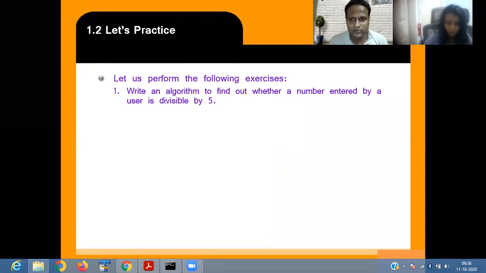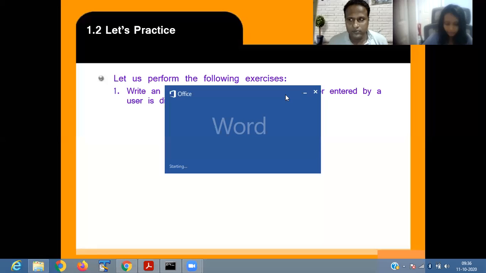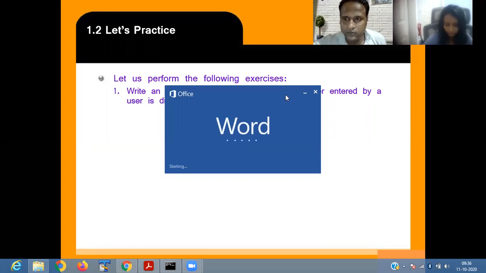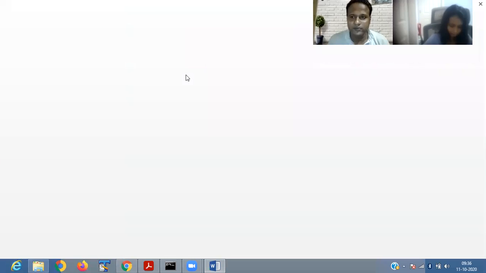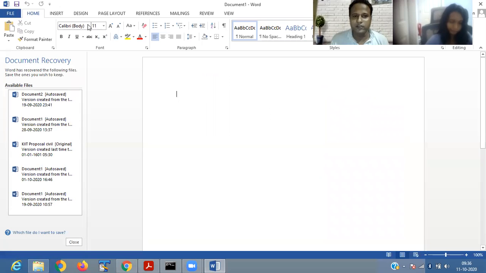First start the algorithm. So when you start, first you have to write start the algorithm. Okay. So the first step is step one.